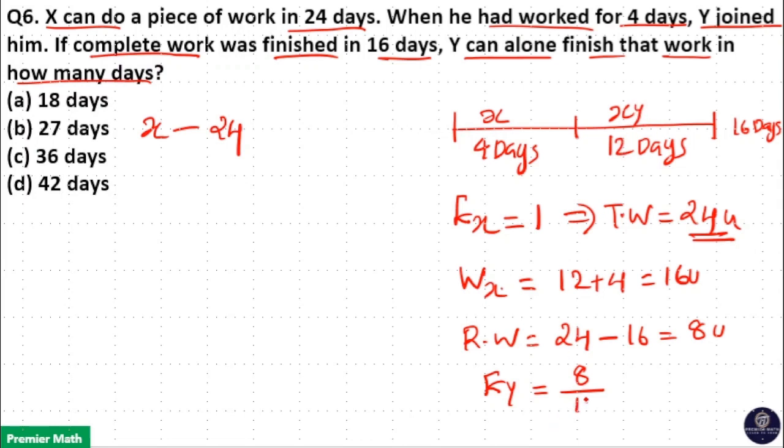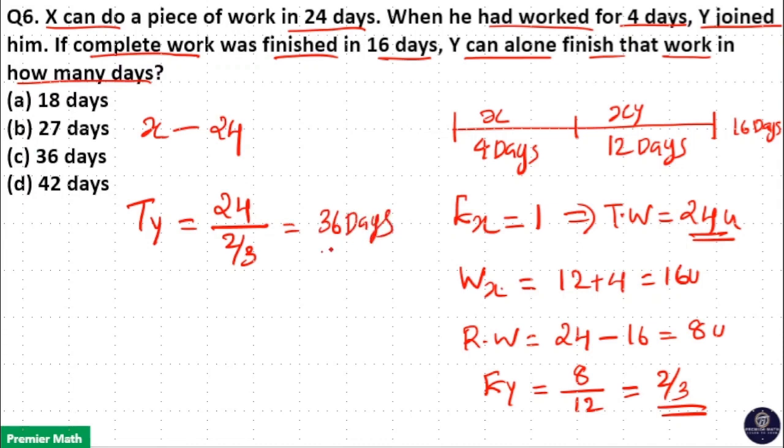So 8 by 12 is the efficiency of Y, which is equal to 2 by 3. If efficiency of Y is 2 by 3, then time taken by Y to complete this 24 unit work is 24 by 2 by 3, which is equal to 36 days. So you can also calculate this way.